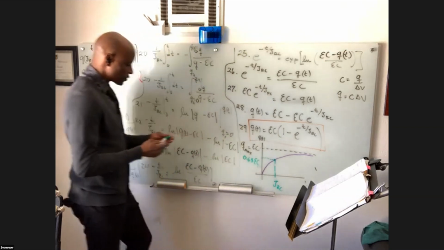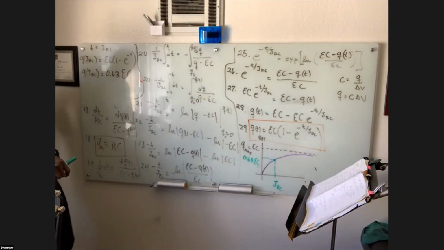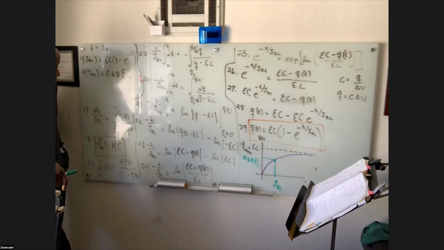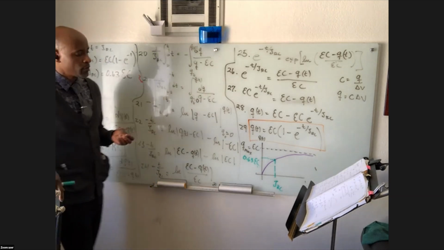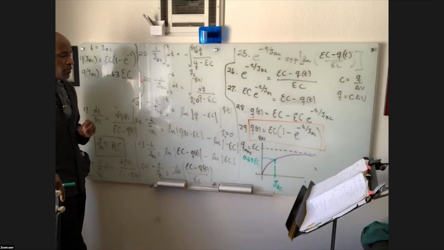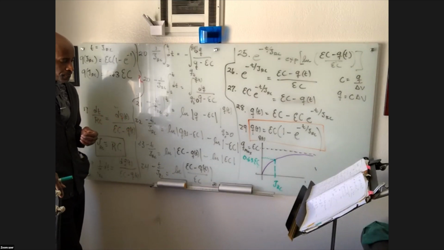So if you choose your time constant, by choosing R and C, to be 7 seconds, for example, then you can pretty much guess that after 2 or 3 time constants, the capacitor will be charged to the point where any variations of charge on the capacitor are going to be relatively negligible.